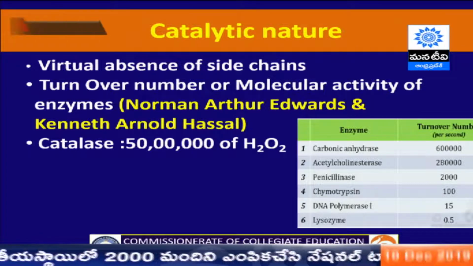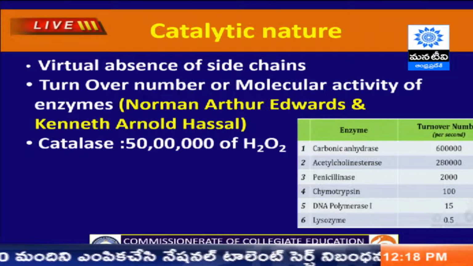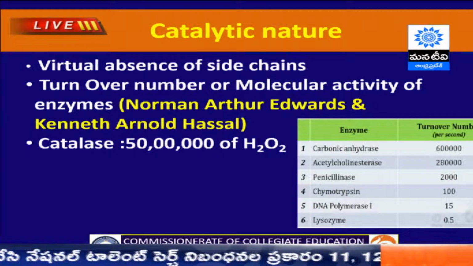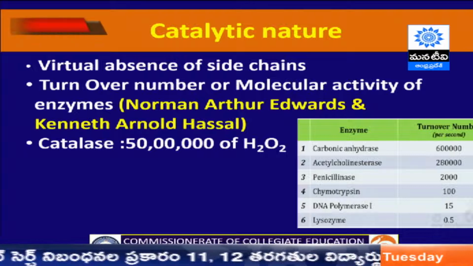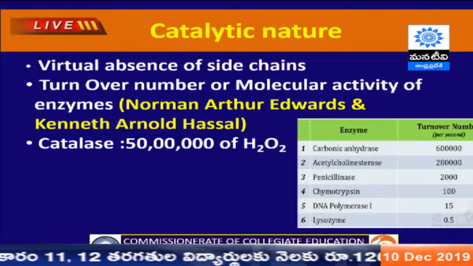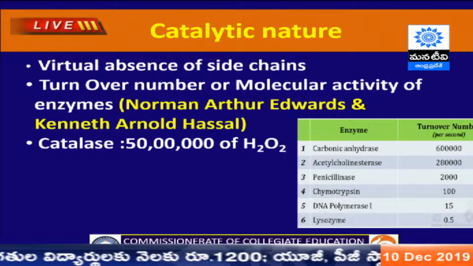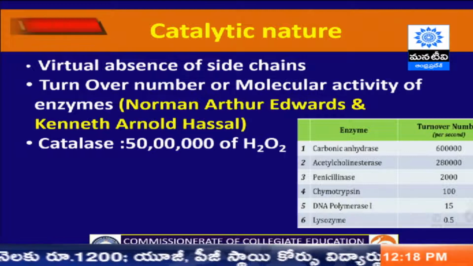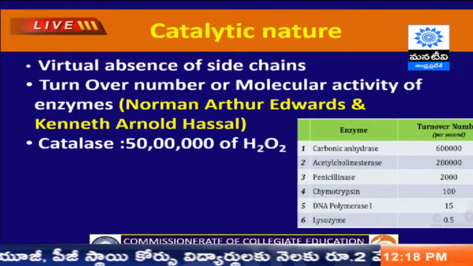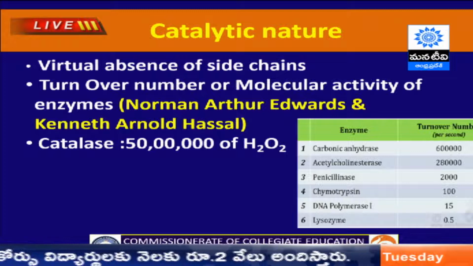So, 50,000 molecules of H2O2 can be converted into water and oxygen in a minute. That is called the turnover number, and also the molecular activity or catalytic efficiency of the enzymes. So, you can go through the table for different enzymes.